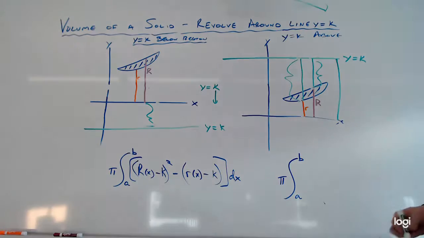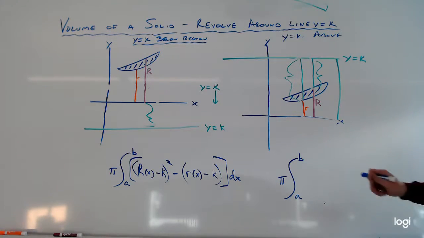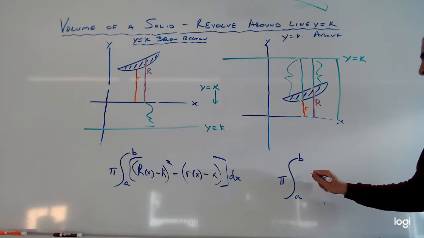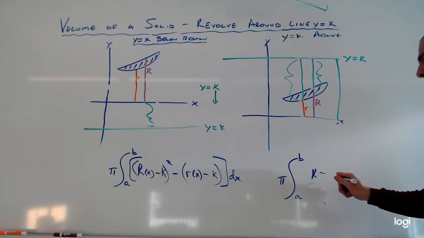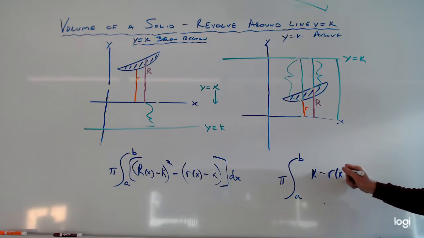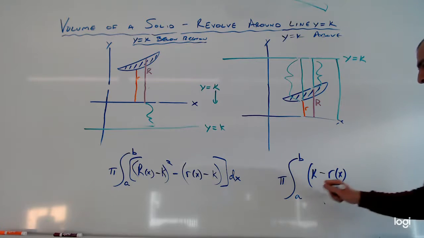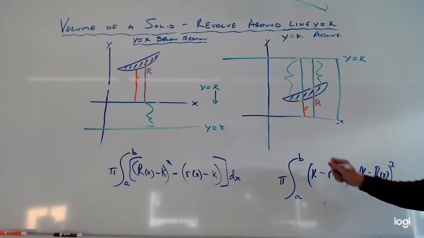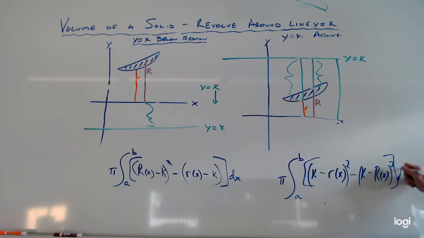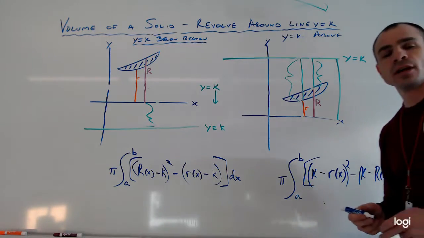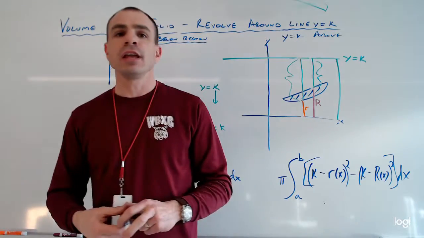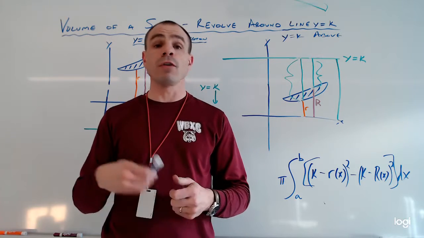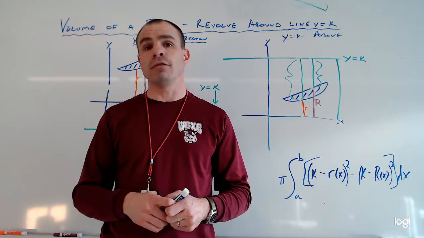So when we write our formula here, we're going to have k minus little r of x, wrapped in squared, and then k minus big R of x, also wrapped in squared, minus, and the whole thing gets a dx. That's our formula if the line which we're revolving around happens to be above our region.